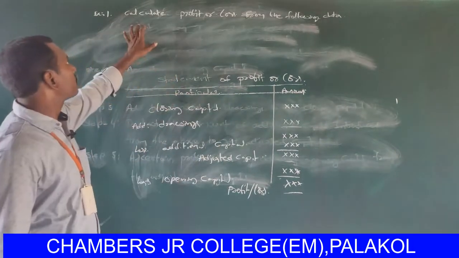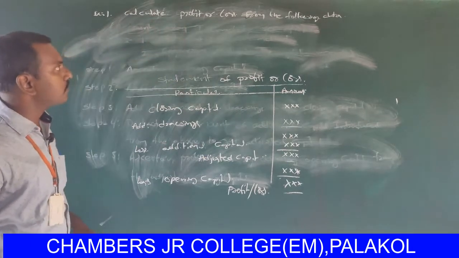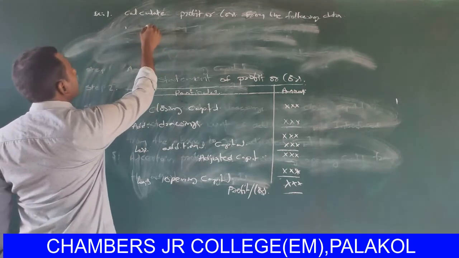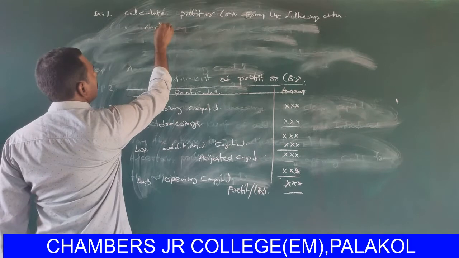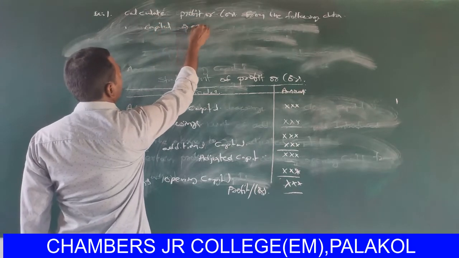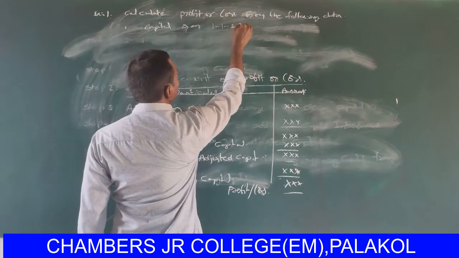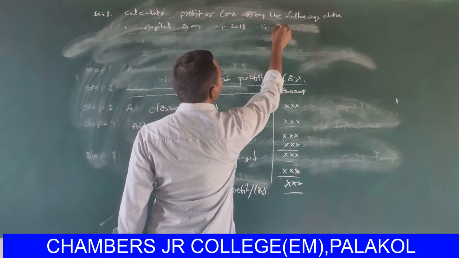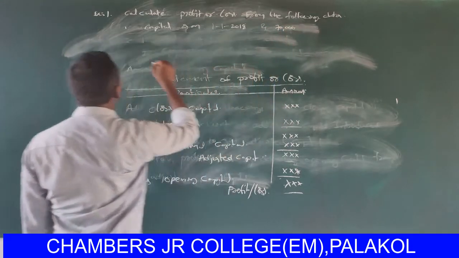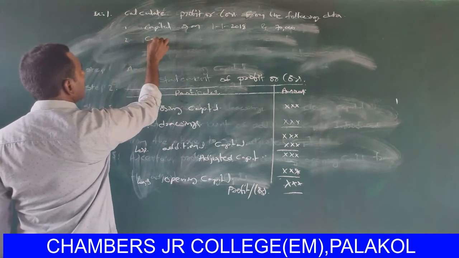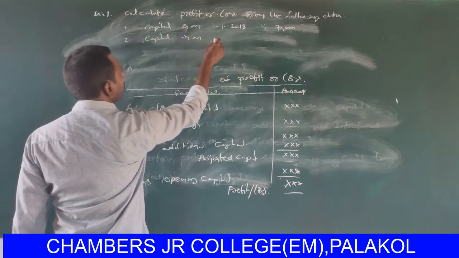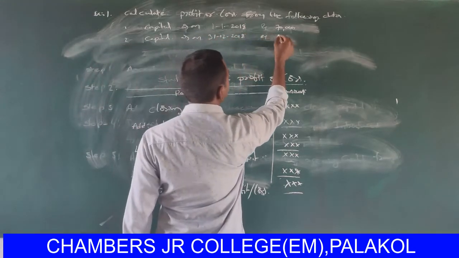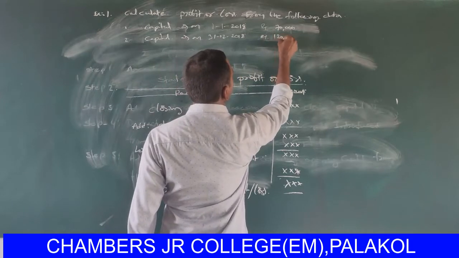Here we solve the following problem. Calculate profit or loss from the following data. First, capital as on 1/1/2018, rupees 70,000. Second one, capital as on 31/12/2018, rupees 1,20,000.